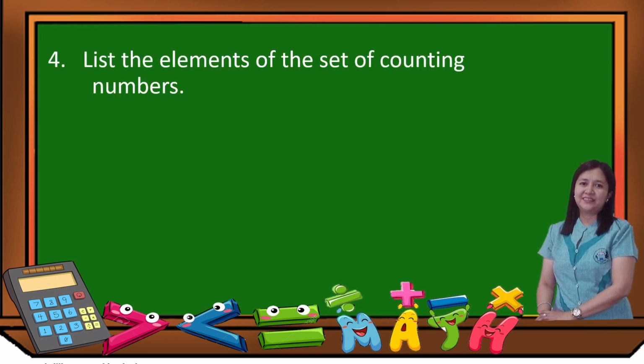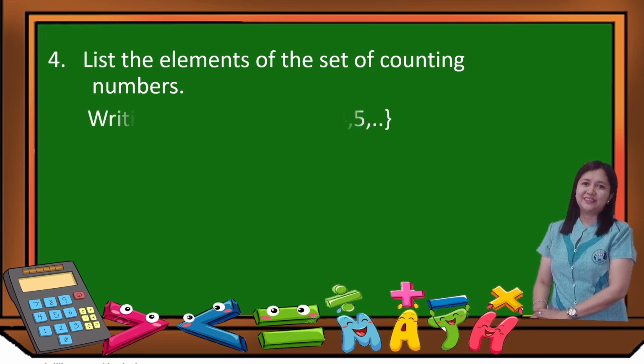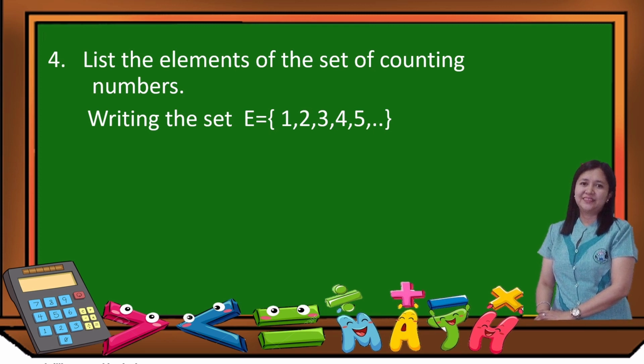Let us have example 4. List the elements of the set of counting numbers. Writing the set E, the elements are 1, 2, 3, 4, 5, and so on. Notice that we did not stop because we have to look for the set of counting numbers.